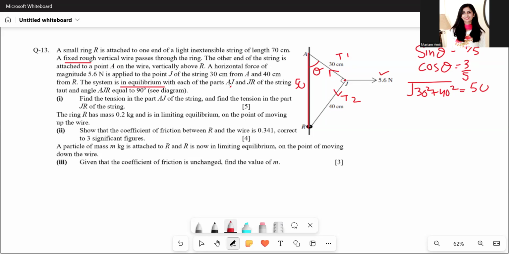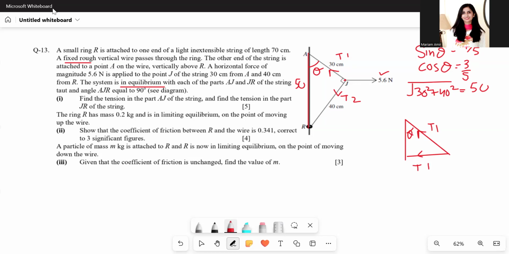Now let's resolve the forces at J. We have T1 here and a theta here. This would be the left component and this would be the up component. So there is a horizontal component and a vertical component.